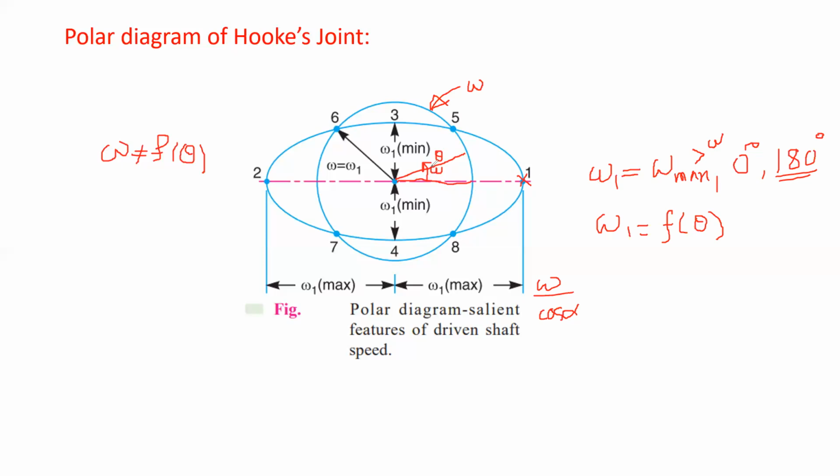So you measure the angle theta as 180 degrees this way, and at this angle the value of omega 1 is also maximum. You show the value with a line just equal to the line at point 1. So you mark the second point for omega 1.